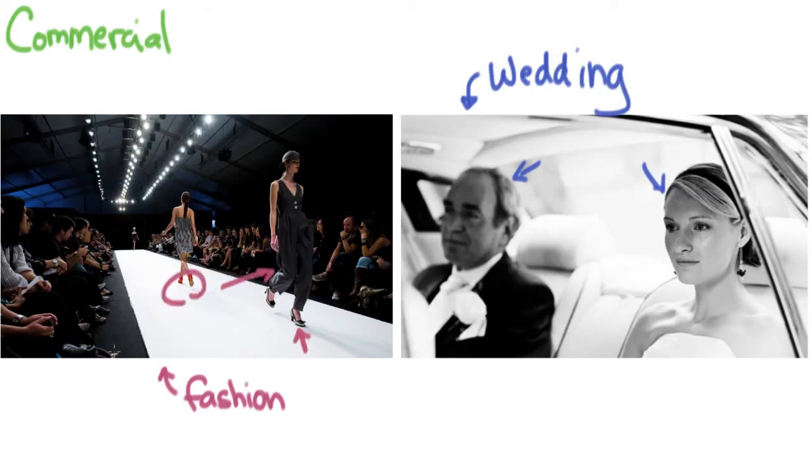Wow, look at those. You might be paid by the makers of those, or maybe the people who are putting on the show up here, or maybe this rich guy over here wants some photos. Whatever the case is, you're working as a commercial photographer often in these situations. And the difference between those is who's paying you, essentially.